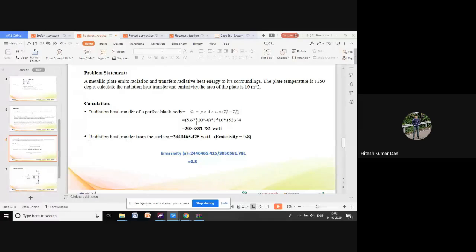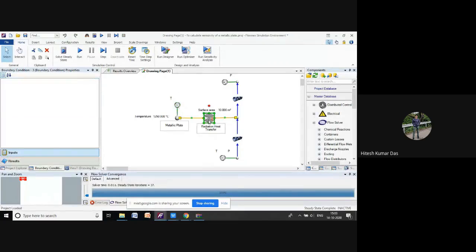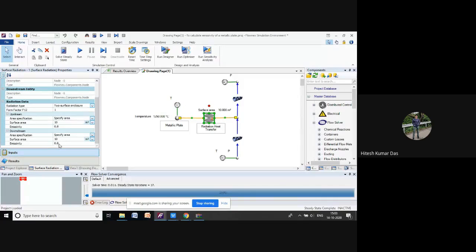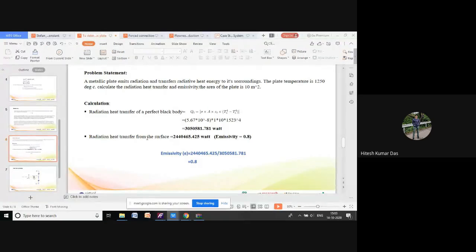For the surface, the same formula we have to apply. Emissivity for the black body is 1, and for the surface we have taken 0.8. You can see in the network also the emissivity we have taken is 0.8. By that formula we are getting 2440465.425 watt for the surface using emissivity as 0.8.